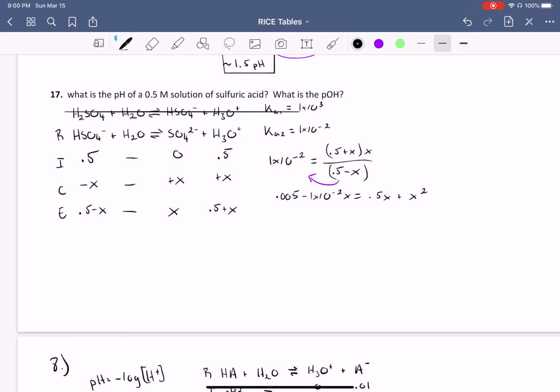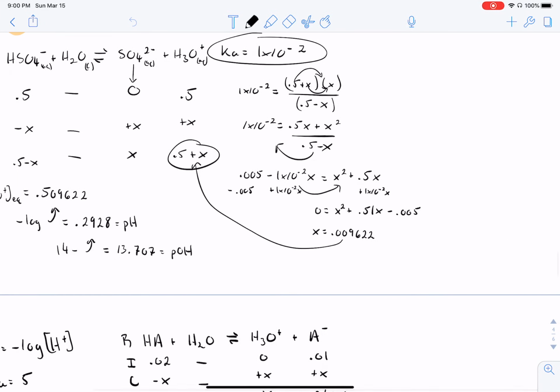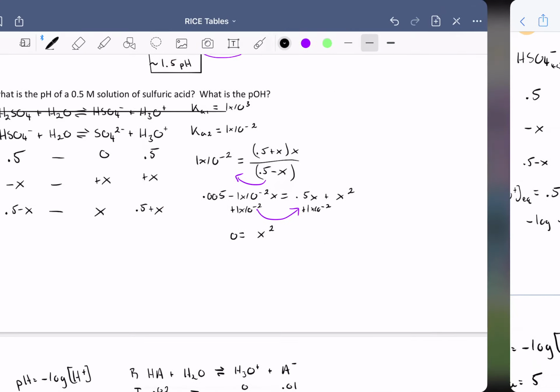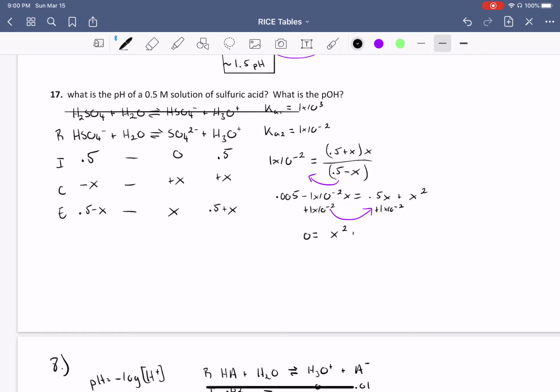So x squared, x, and then just the regular numbers. So I'm going to take everything and move it over to the right side, and I get 0 equals, I'm going to swap these two because I like to have them in order of A, B, C. So x squared, and then we will have to add 1 times 10 to the negative second to both sides. And that'll just give us 0.51x. Do it in your calculator, pause it and do it.